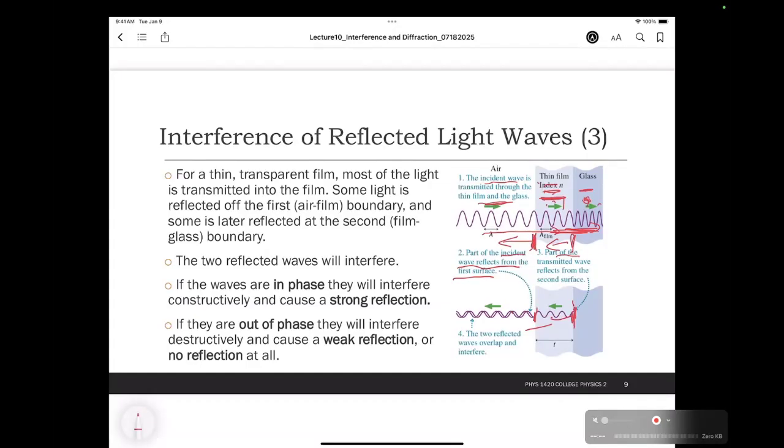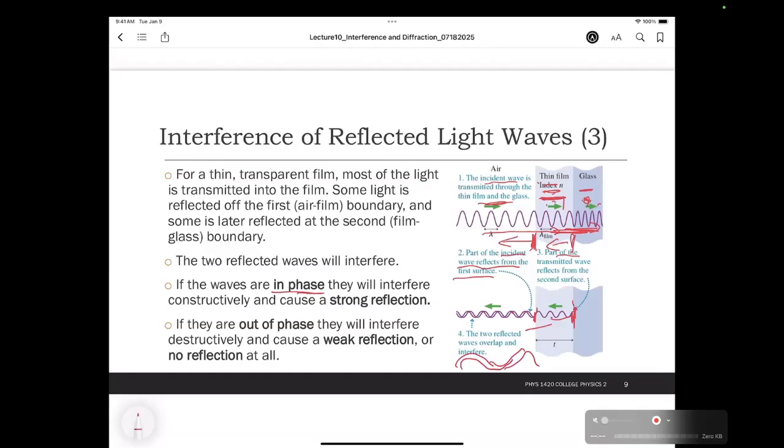If the waves are in phase, they will interfere constructively and cause a stronger reflection.